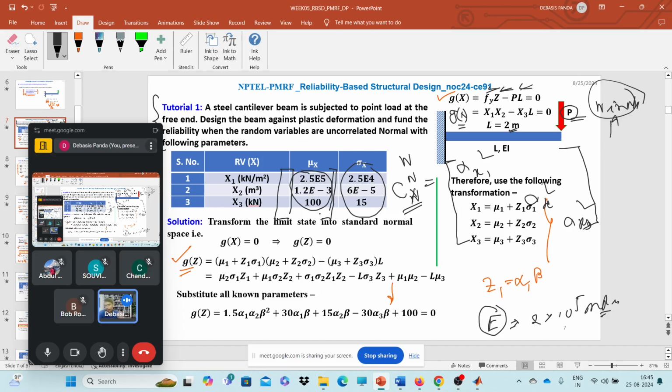Otherwise we are happy with our deterministic, codal based designs. Those factors of safety, like 1.5, are also counterbalancing those uncertainties up to a certain extent. But if you need to find out what level of reliability I can consider based on this design point.